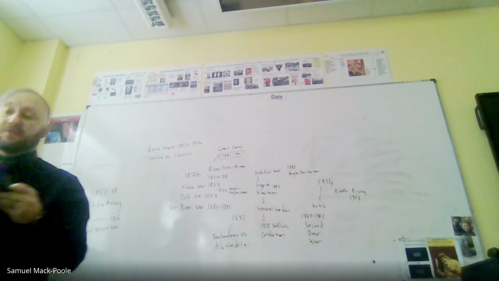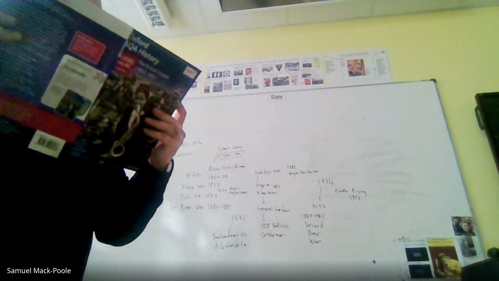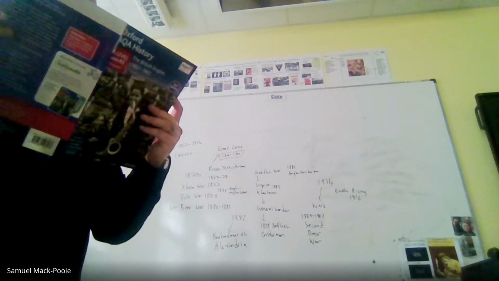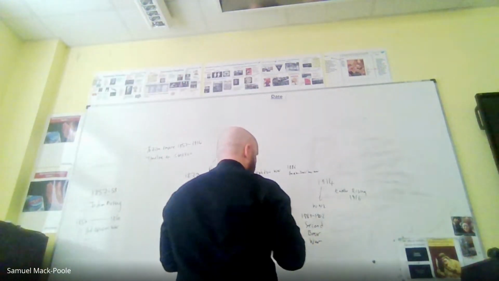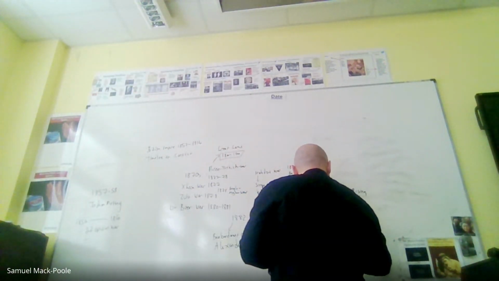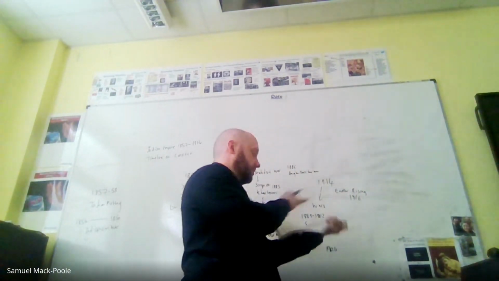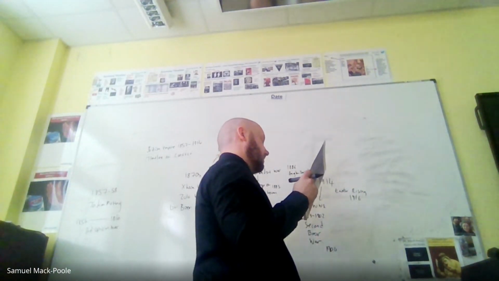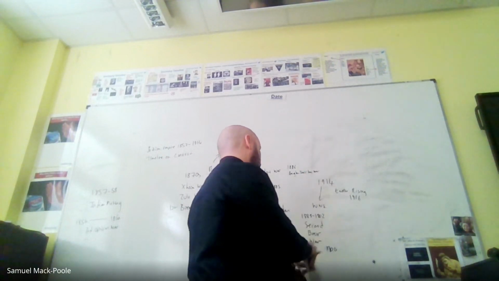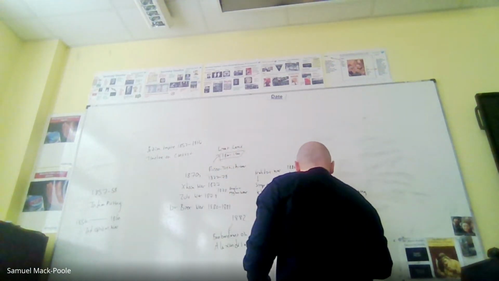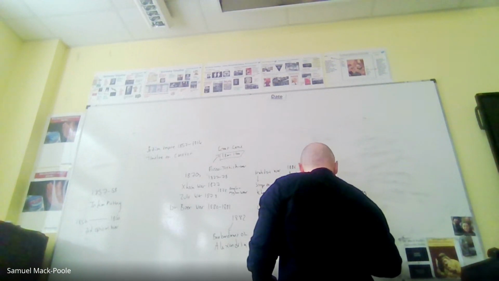Right, 1900s. There is a lot of conflict in this course. So 1900, we've got the Ashanti War, the Anglo-Ashanti War. That is in what would be known as the Gold Coast, right? So that is when the Gold Coast then became part of the empire after that.